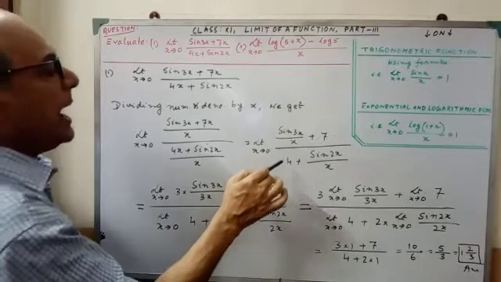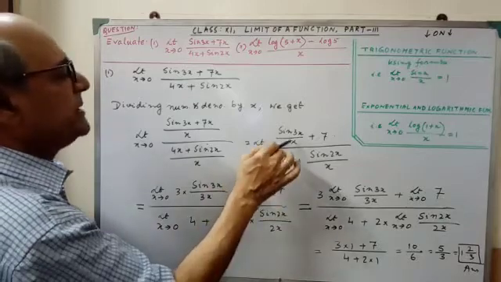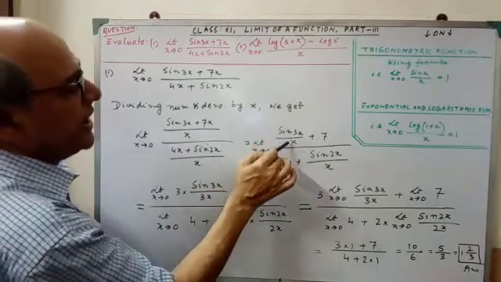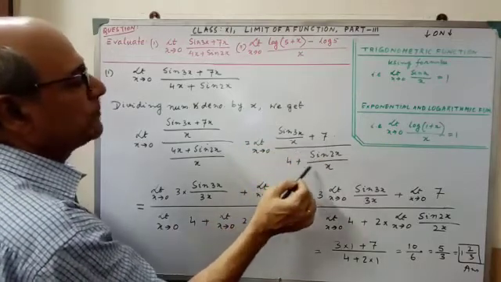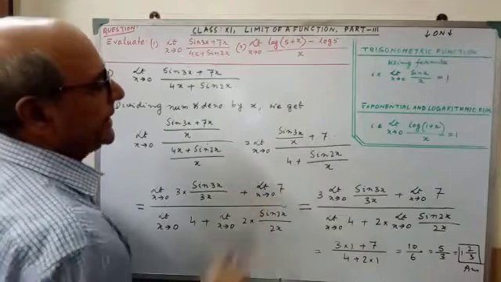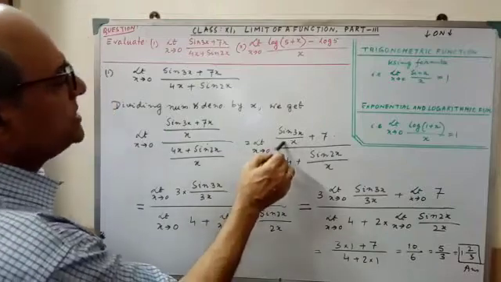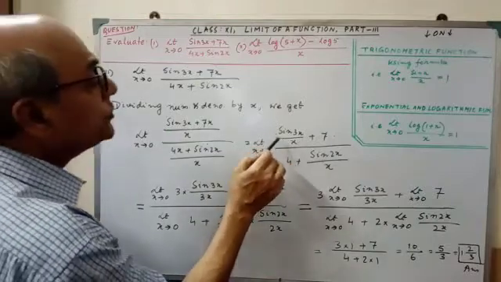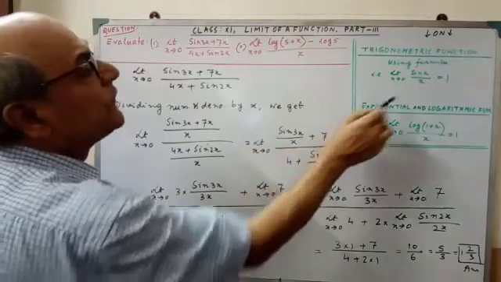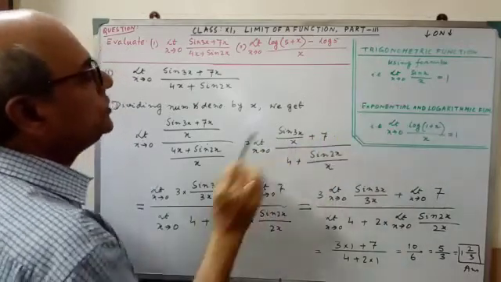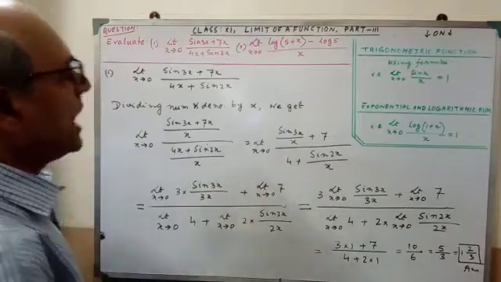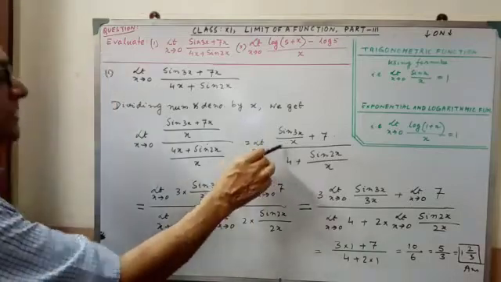You have to simplify. By simplification it is coming (sin 3x by x plus 7) divided by (4 plus sin 2x by x). Still this is not exactly the frame of the formula. If here is 3, then we will get the frame of the formula. How are we bringing the 3 here?